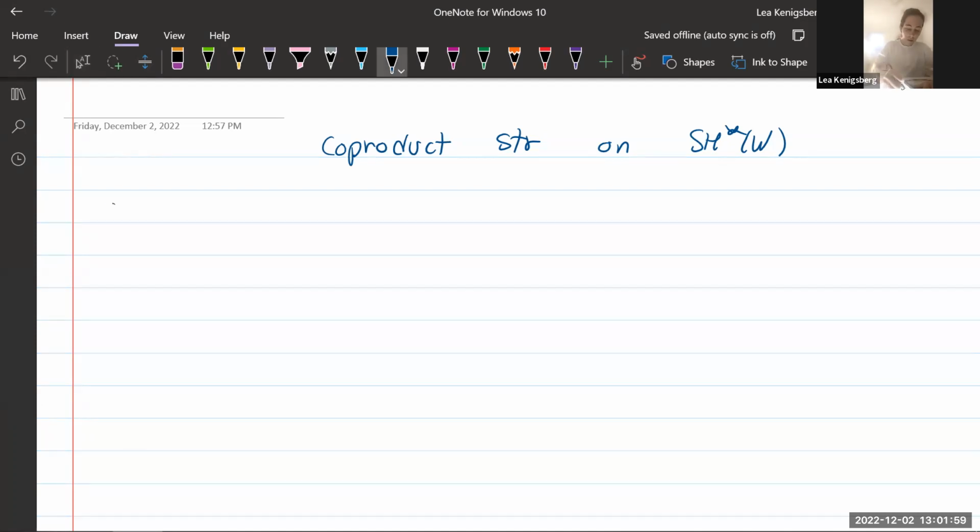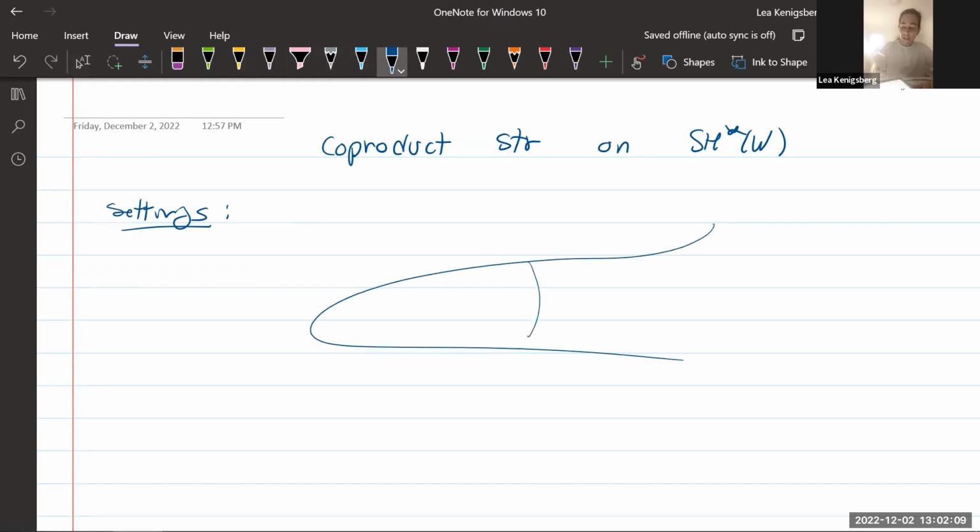So we will work with Liouville domains, and if you haven't seen it before, what you want to think about are open symplectic manifolds. They have some contact type hypersurface Y, and at infinity, they look like Y cross R. So they look like a cylinder.